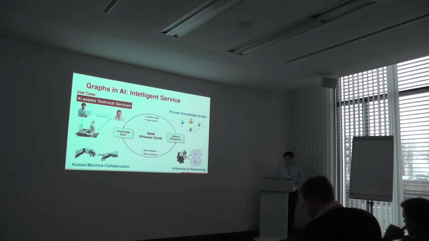This use case is a very typical use case in my company. As I showed in the very first slide, we have a lot of gray dots all across this world. Each dot is a service center. In the service center, there are some customer service people. They receive the calls or emails from the end users.